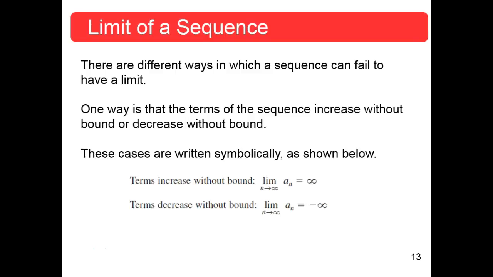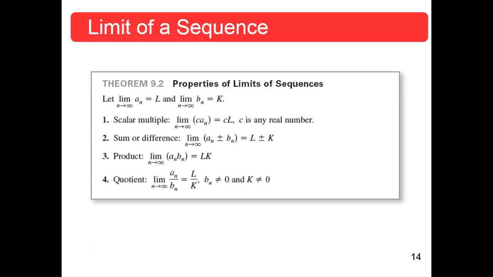For terms that increase without bound, the limit as n approaches infinity of a sub n is positive infinity, or for those that decrease, the limit as n approaches infinity of a sub n is negative infinity. Both of these are unbounded, diverging. There are several names you can give it.